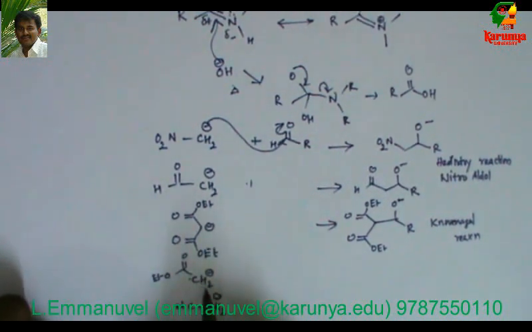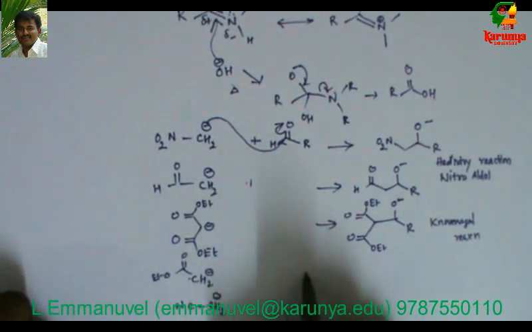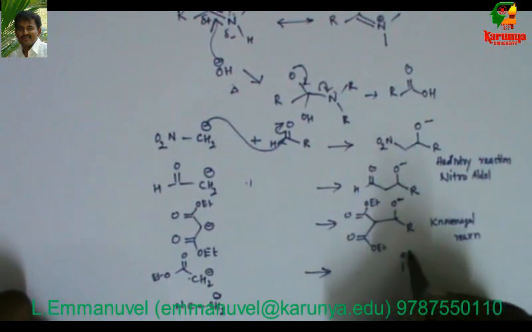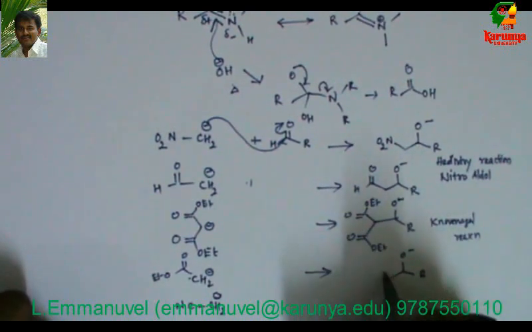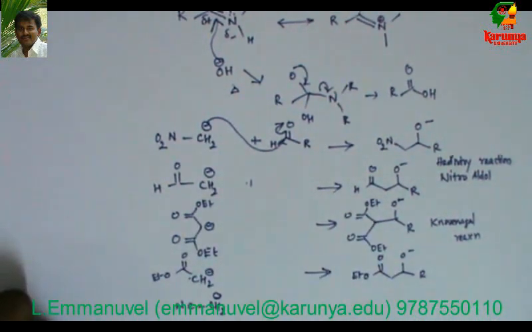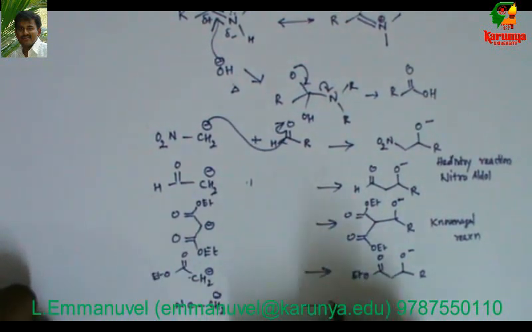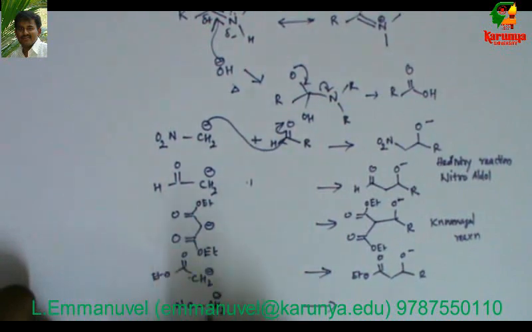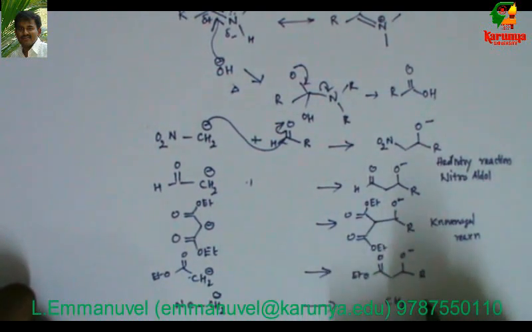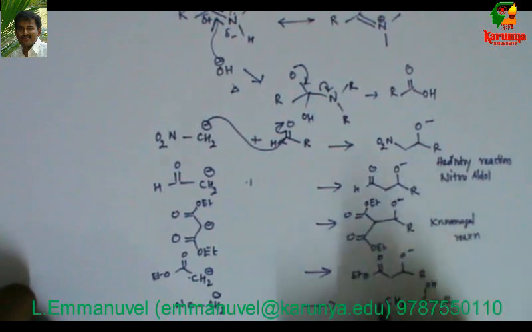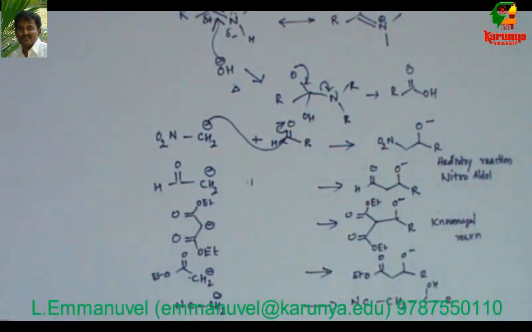What about this? This is from ethyl acetate. So this carbanion also can attack the aldehyde, and what we get is like this. So this also is possible. Another one, I have taken acetonitrile. In that I have generated a carbanion. This also can attack the aldehyde to give the corresponding addition product.